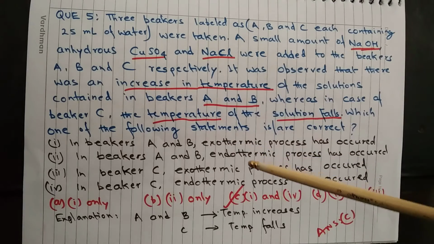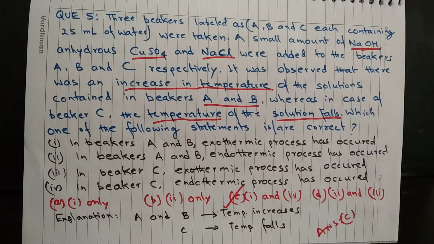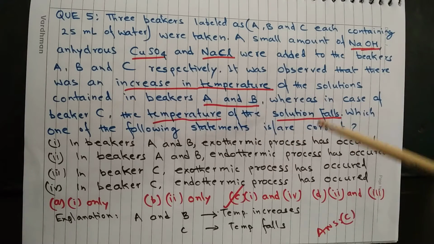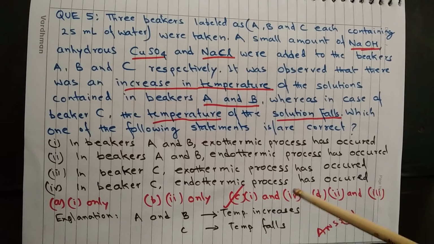In beakers A and B, endothermic processes occurred, this is a wrong statement. In beaker C, exothermic processes occurred, but the temperature falls in beaker C, so this is an endothermic process. So the answer is C, 1 and 4.